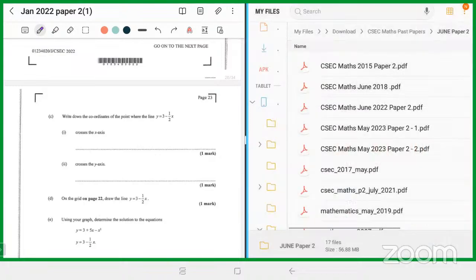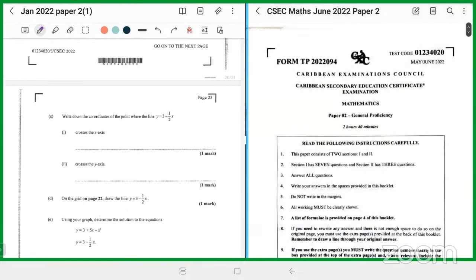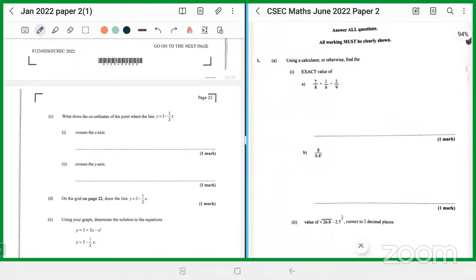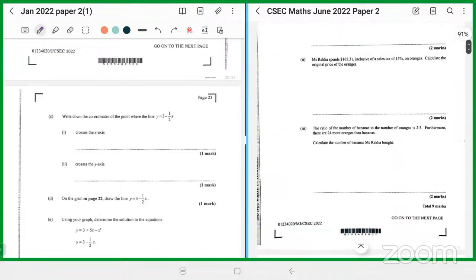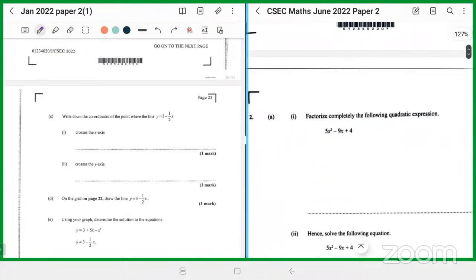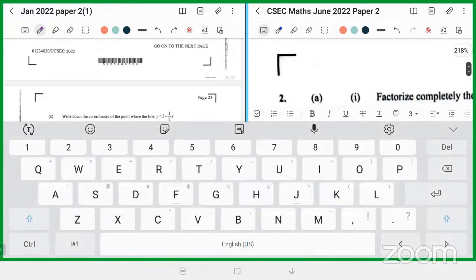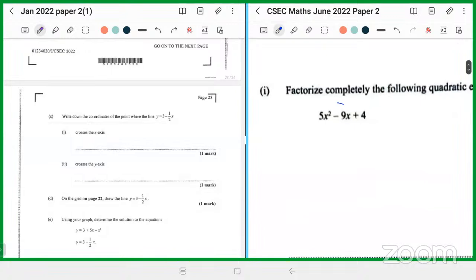All right. So for this paper, we're going to practice some factorization in section question 2. See there, question 2. So it's a simple question where they gave us this thing to factorize first, right? They gave us this to factorize.